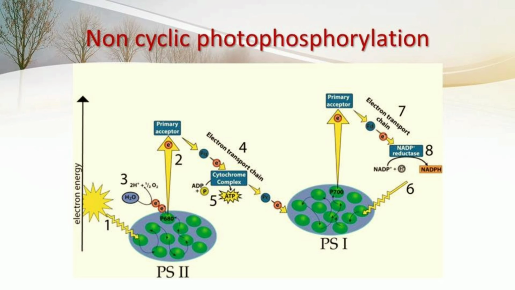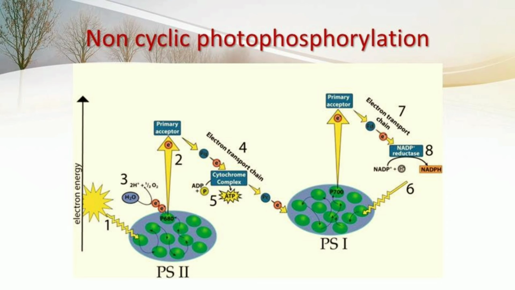And the electron that is lost in photosystem 2 from chlorophyll A never returns back again to chlorophyll A. So that is the reason we call it non-cyclic. The lost pair of electrons from the chlorophyll A never again return back to chlorophyll A. Okay, so that is why we call it non-cyclic photophosphorylation.